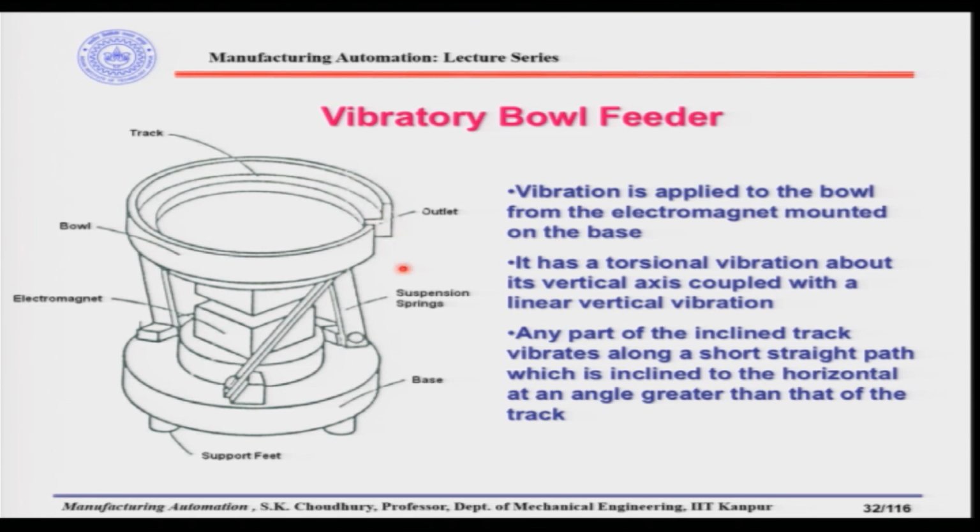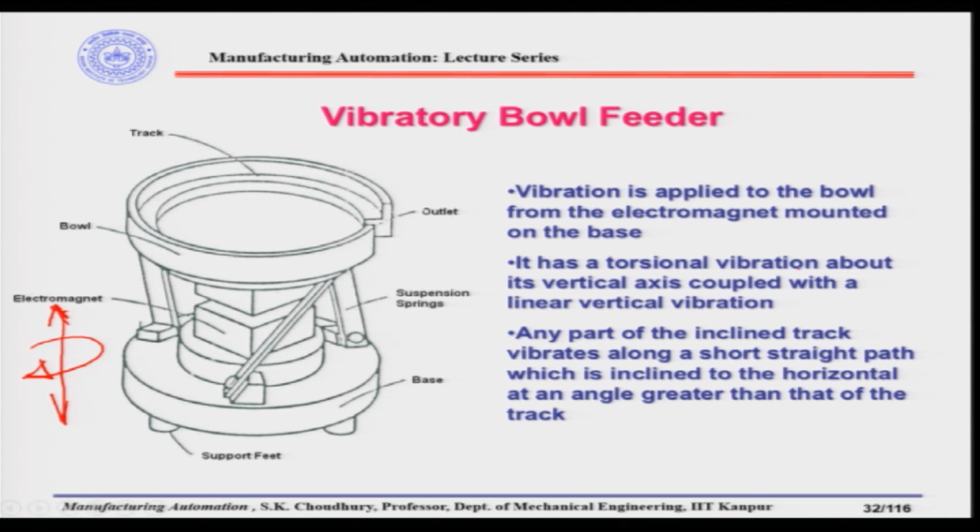Now, how does it happen and why does it happen? Vibration is applied to the bowl from the electromagnet mounted on the base. Here is the electromagnet. It has a torsional vibration about its vertical axis coupled with a linear vertical vibration. So, this electromagnet produces a vibration like this, vertically, and a vibration like this, that is a torque.